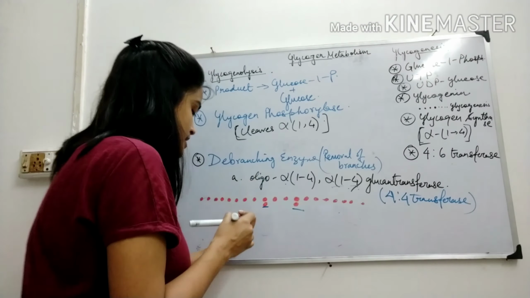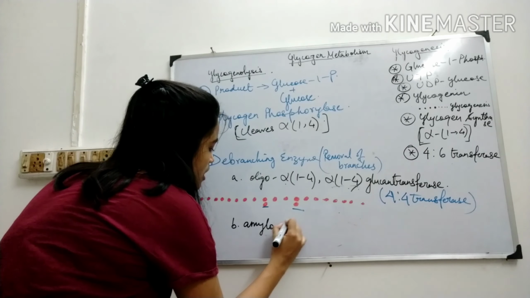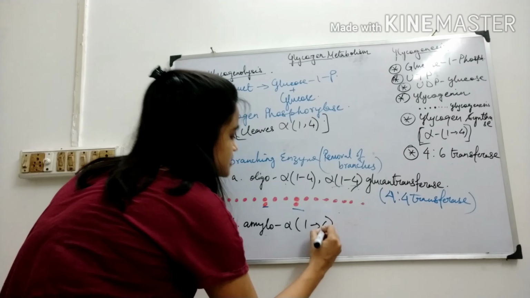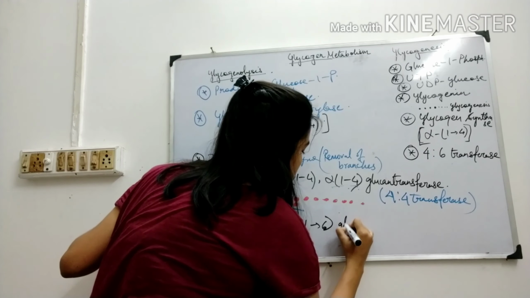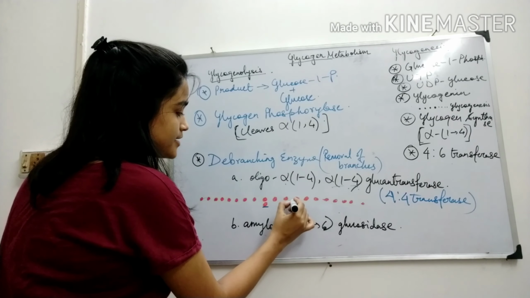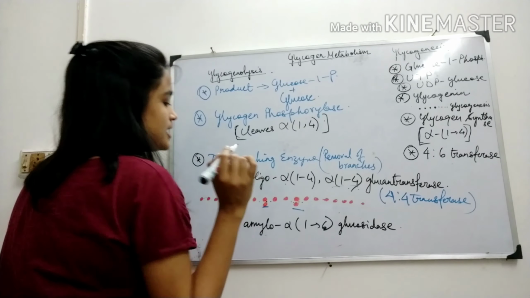and that is amylo alpha 1,6 glycosidase. This is an acid maltase enzyme. This will break the 1,6 linkages.